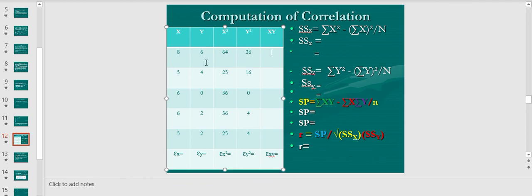We will multiply these two variables. 8 into 6 is 48, then 20, 0, 12, and 10.